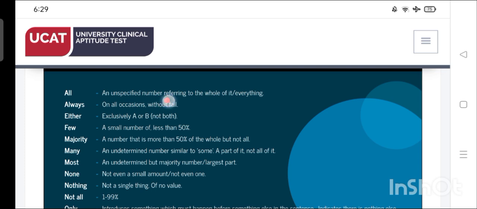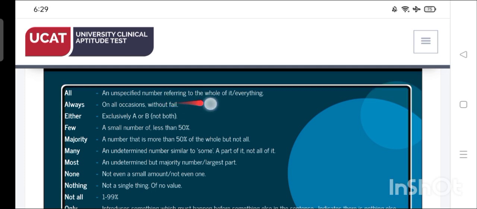All: an unspecified number referring to the whole of it or everything. I think everybody knows why we use all in any sentence. It means the whole of it. If we're talking about anything and we use all, it means the whole of it, everything of it.